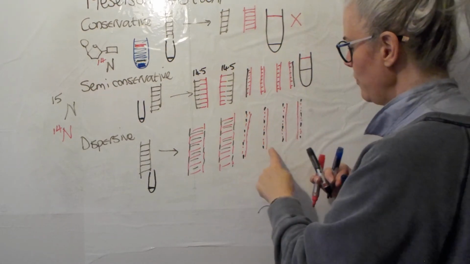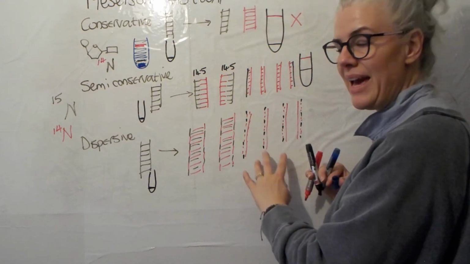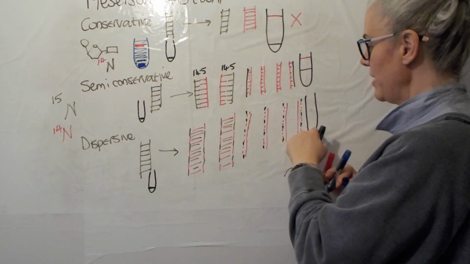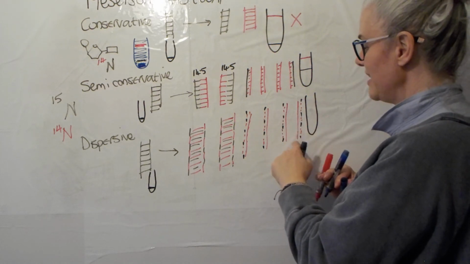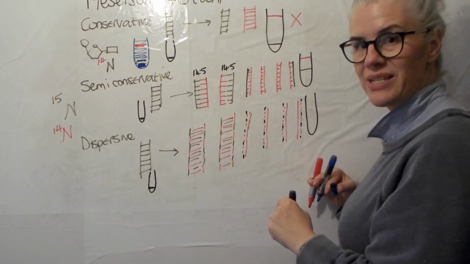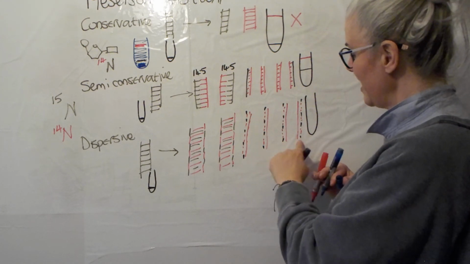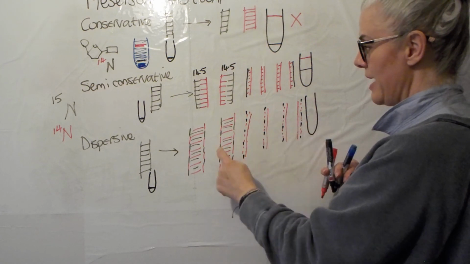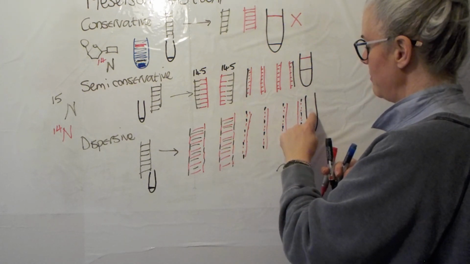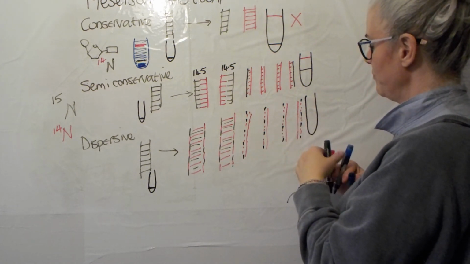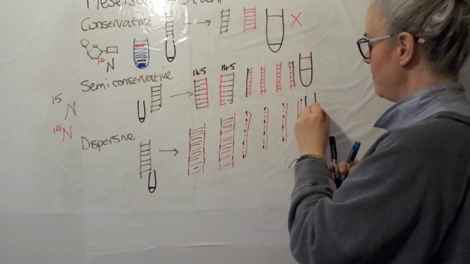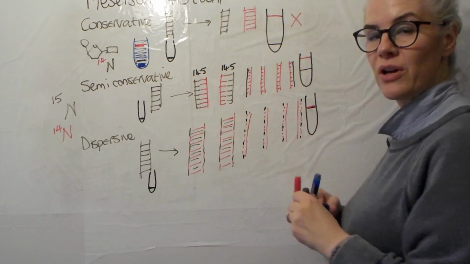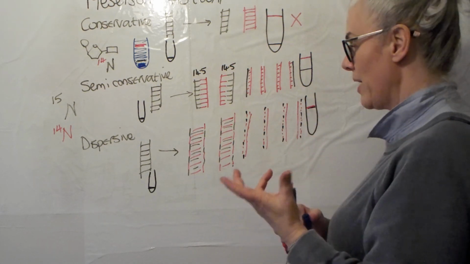So you can see every one of these strands has some N15 in it. So if we spin this one, it's not going to be N15 because it's not all N15. It's not going to be any bands for N14 either because none of these are completely N14. So what happens is that where it would have been N14 and a half, it moves up slightly from it because it has more N14 in it than N15, but it's never completely N15 or N14.